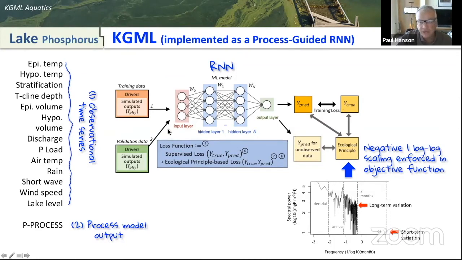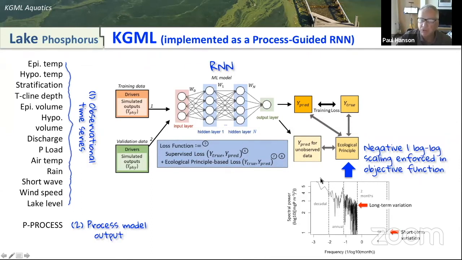What makes it KGML is we take the output of the process model and we provide it as another input for the recurrent neural network. But also we enforce an ecological principle on the right-hand side here of the objective function, or the loss function, as the model tries to fit the data. The ecological principle we're enforcing here is called -1 log-log scaling.